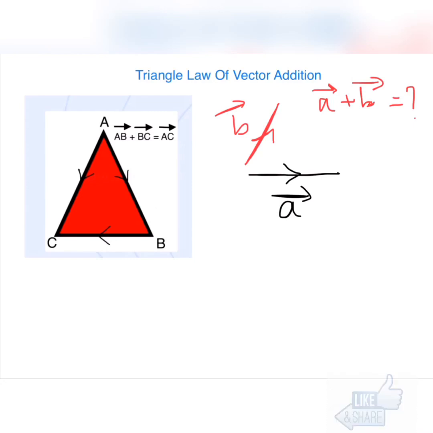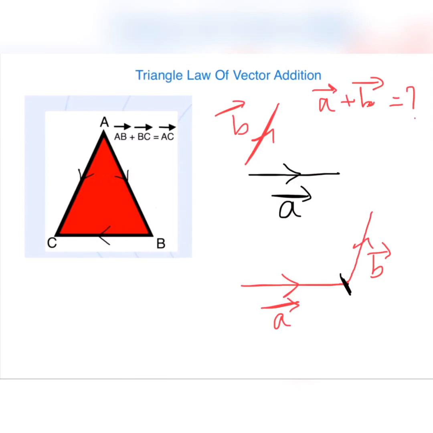Hence, we can move vector B parallel to its position such that its magnitude and direction do not change, and such that the terminal point of vector A coincides with the initial point of vector B. Look, this is the terminal point of vector A and this same point is the initial point of vector B. Now it is easy to add both these vectors, right?